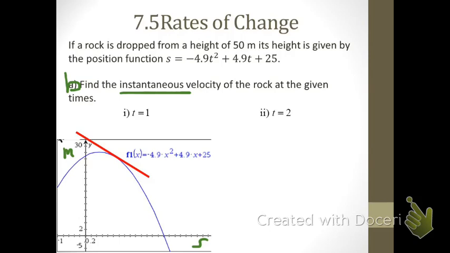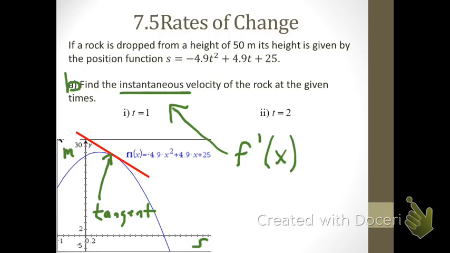But the difference here is that when you're trying to find the instantaneous velocity for a certain value, you're going to find the slope of the tangent line to that graph for that particular value. In other words, you're no longer doing delta y over delta x. What you're doing is finding f prime of whatever x value you're working with.